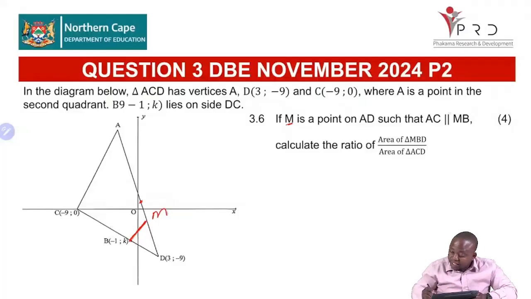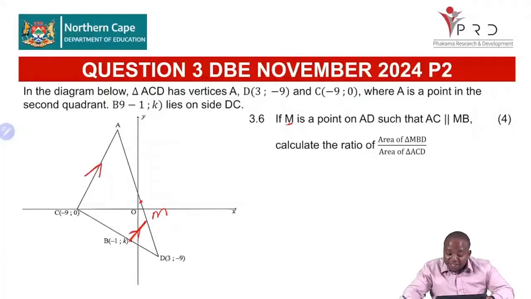And they say such that AC is parallel to MB. So they're saying those two lines are parallel. We are supposed to calculate the ratio of triangle MBD, which is this smaller triangle there, over the area of ACD.